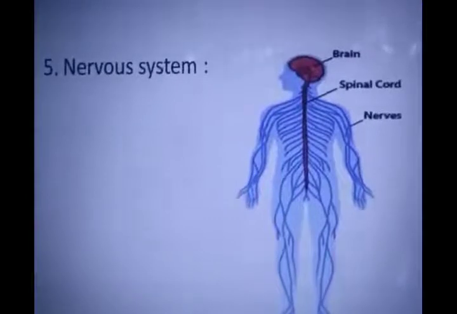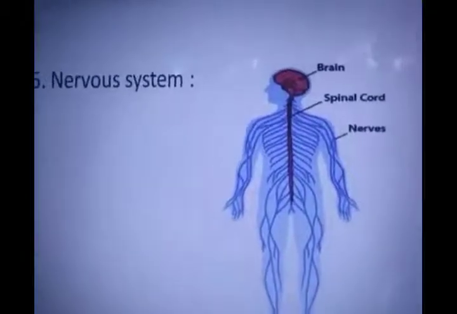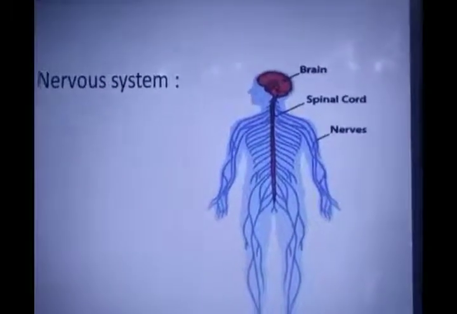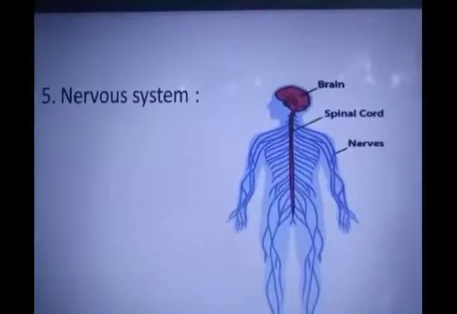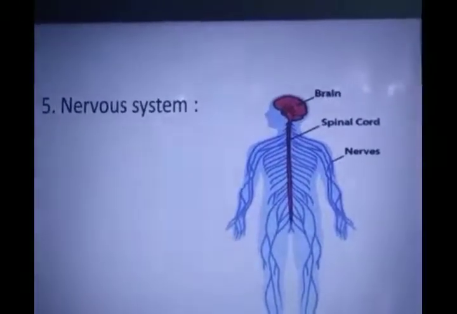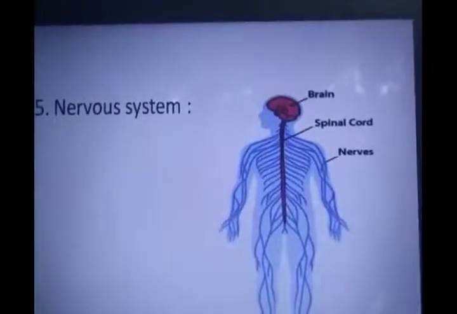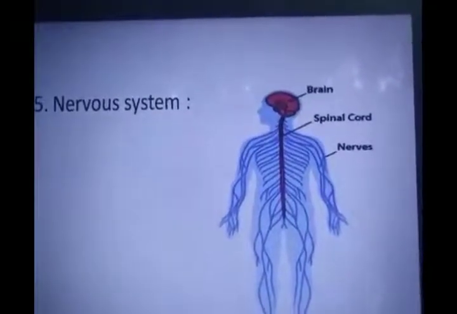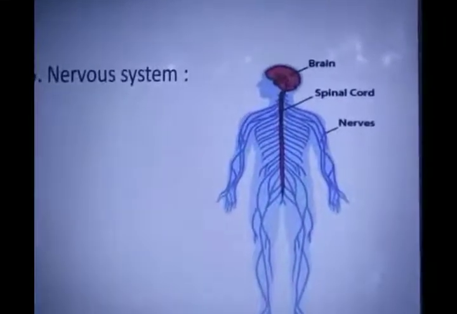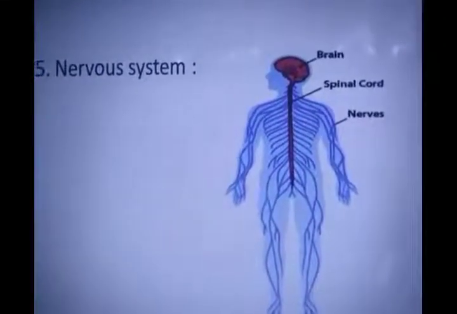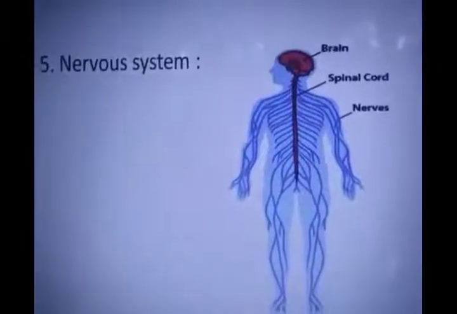Children, we have seen that the nervous system consists of organs like the brain, spinal cord and nerves. The brain is a control center. It controls all the other systems and the organs.